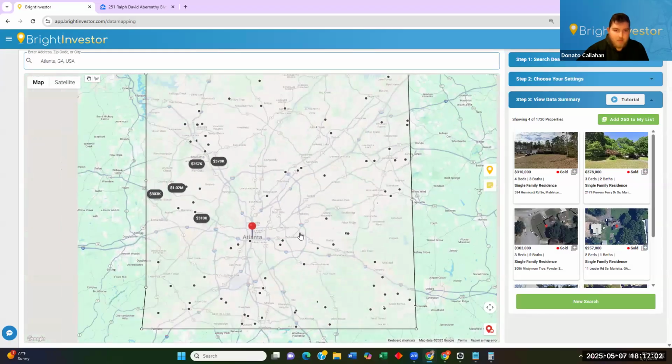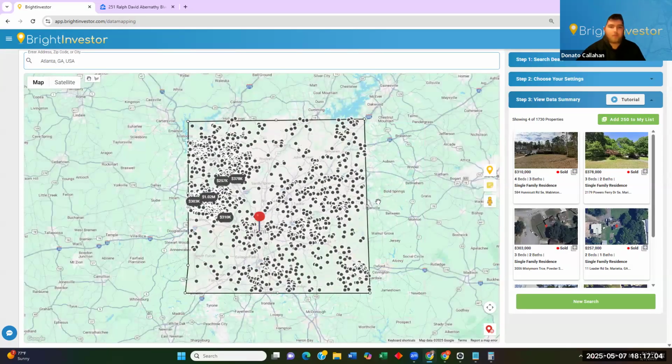Those are 1,000 properties here, so give BrightInvestor a chance to breathe for a second. But this entire area, this kind of whole diagonal, if you guys can see my mouse where I'm going here, lacks investor activity. Then it starts to pick up again as we go more towards southeast Atlanta in this direction and going further south. But the absolute most prolific part of investor activity is currently happening in northwest Atlanta.